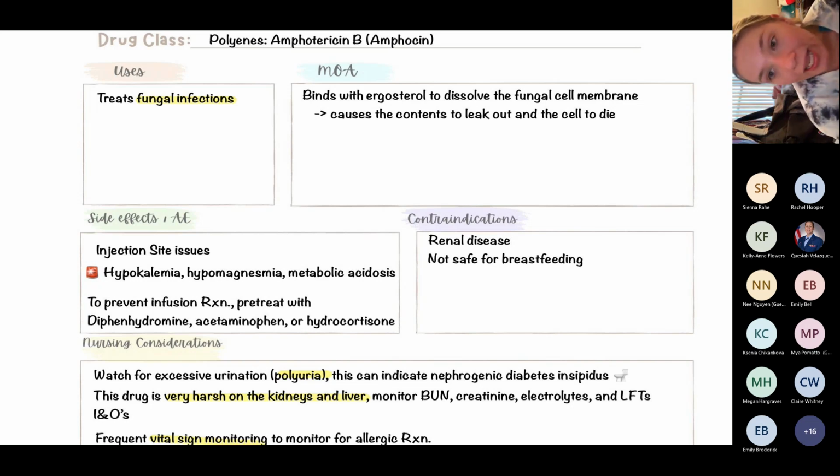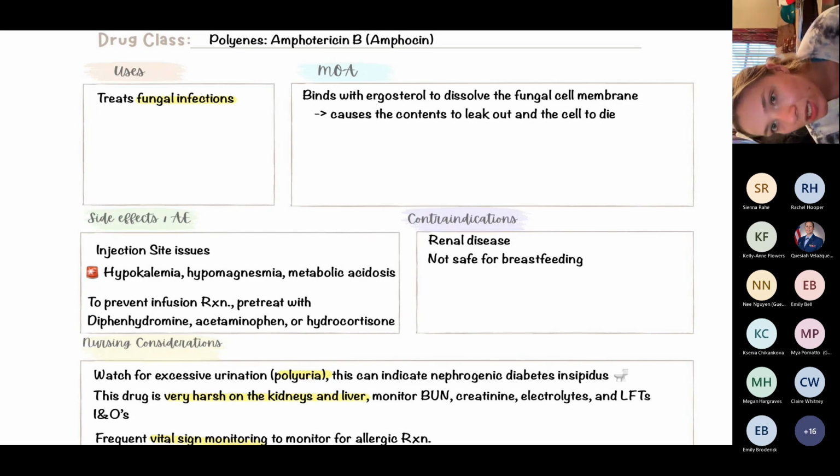They might become hypotensive, things like that. Therefore, if you're on AMP-B, know that it's a fungal drug, but also look for some orders, because fungal drugs can have some pretty bad infusion issues. So usually we do pre-treat with something like Benadryl. That's your diphenhydramine. Additionally, this can cause us to pee a lot, and that can also be what's causing our electrolyte imbalances, okay?